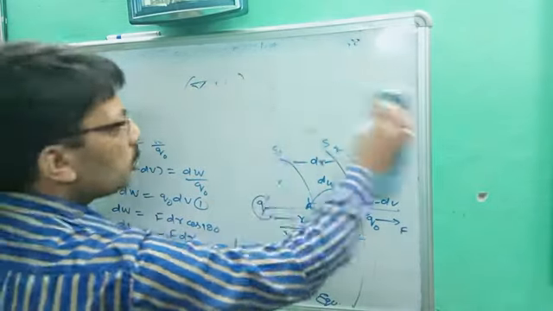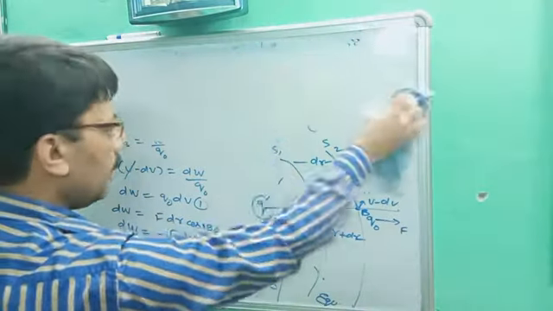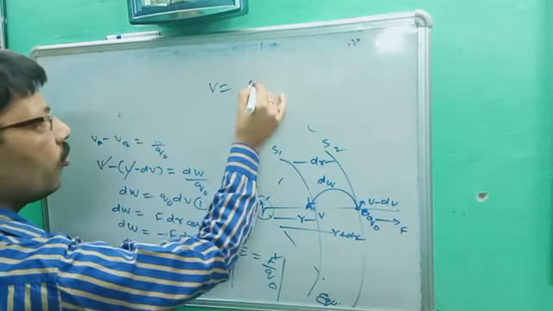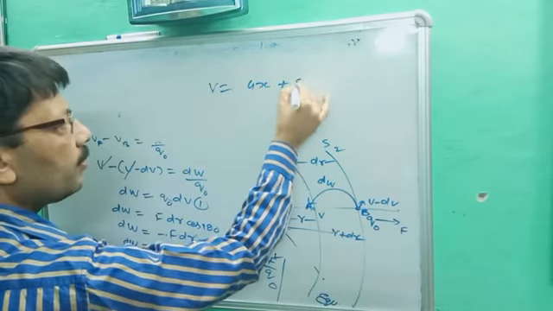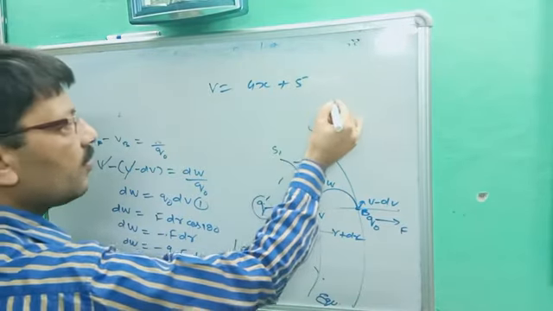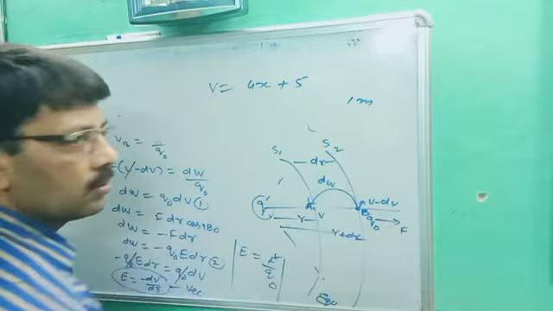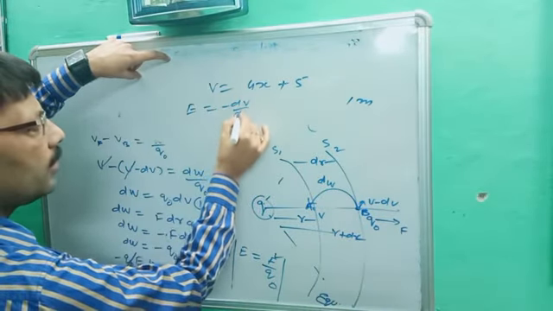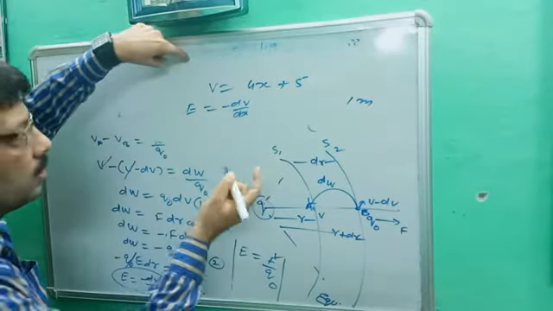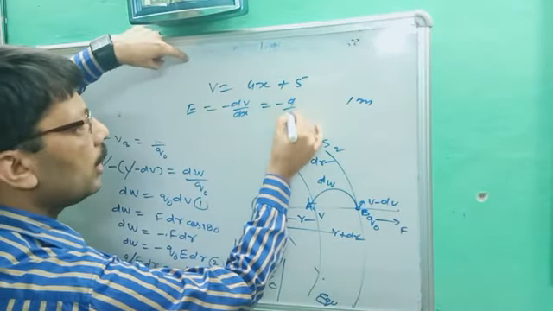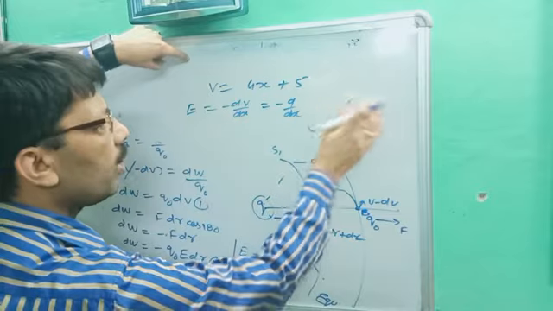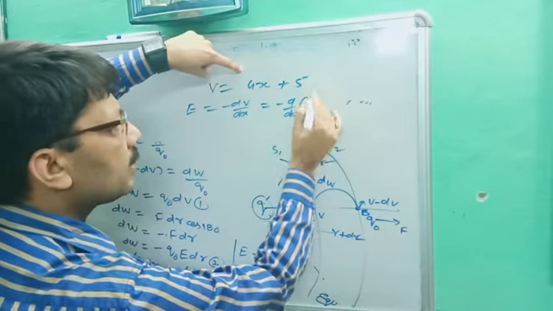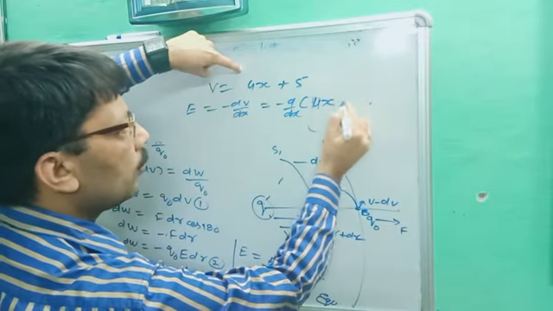Let's suppose some question is given like this. Let's suppose V is equal to 4x plus 5, and I ask you to find the electric field at 1 meter. Very easily we can get E is equal to minus dV upon dx. Such numericals are given in different books. It is equal to minus d upon dx of V, and the value of V is 4x plus 5.